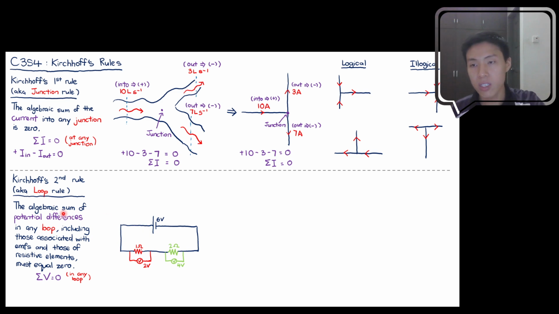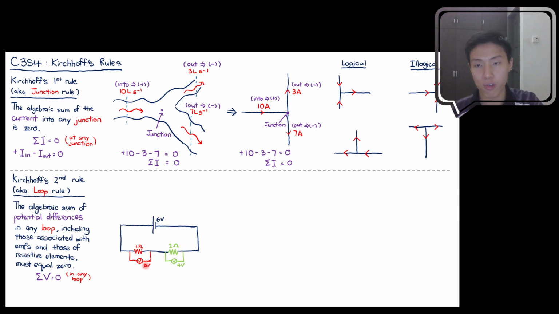The loop rule says that we sum the potential differences, which can be due to EMF and due to resistive elements. The source of EMF has a certain voltage, and the resistive elements, represented by these two resistors, also have some voltage across them.